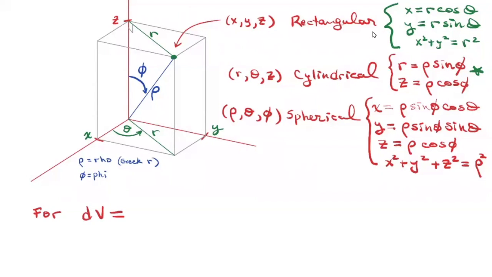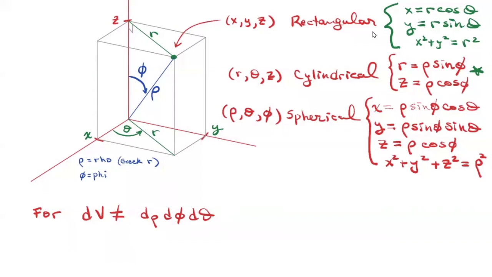Notice this won't work. You cannot do d rho, d phi, d theta. Rho would be in terms of units of length, but phi and theta are unitless because they're angles. So if you want to be technical about it, d rho, d phi, d theta is a length, not a volume. So that's not going to work.